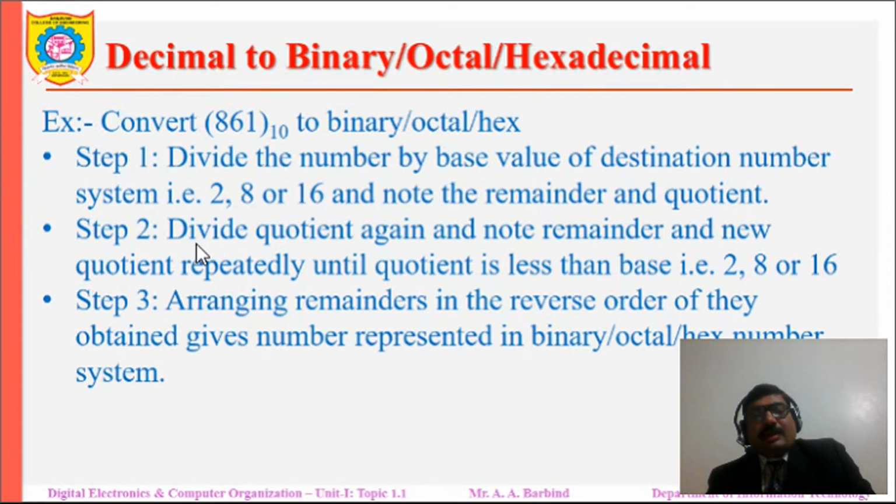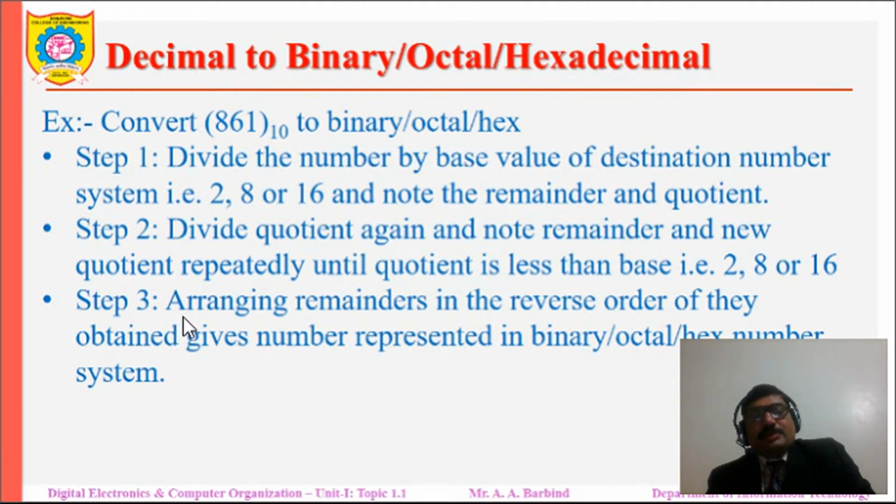Divide the quotient that we obtained in the first step. So we have to again divide that particular quotient, and we should note again the remainder and the new quotient. This process is to be repeated until the quotient is less than the base, that is 2, 8 or 16, or eventually that particular quotient becomes 0.